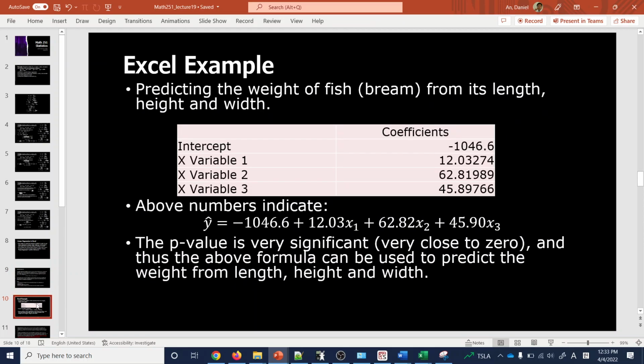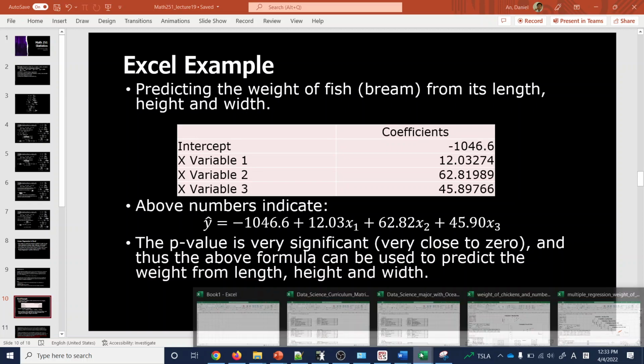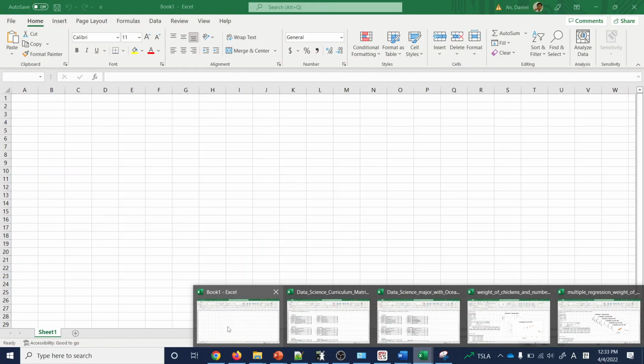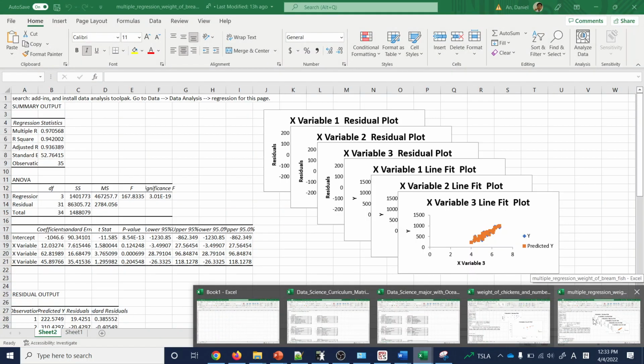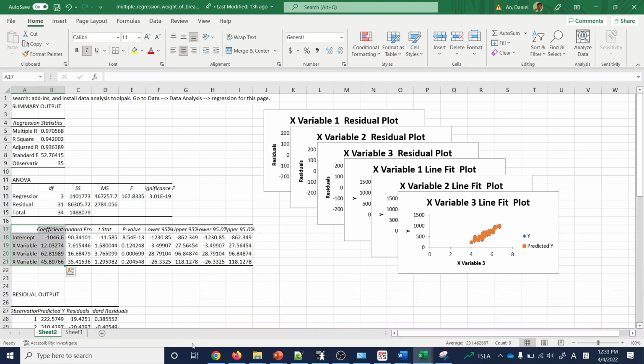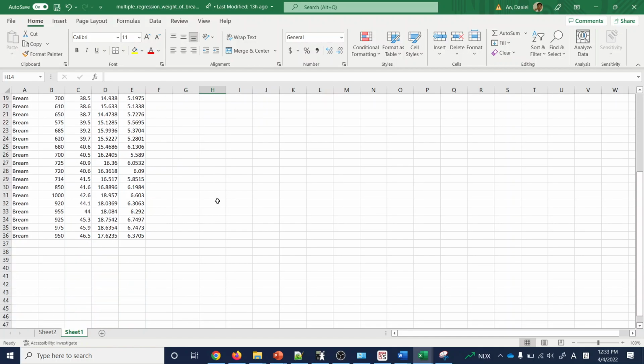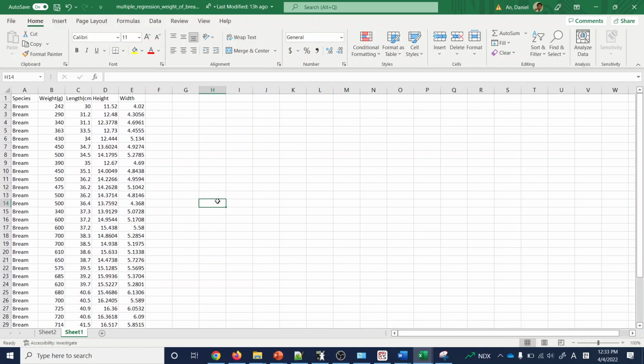Okay. So here is an Excel example. Here I have a data set of some fish called bream. It's kind of a round fish.